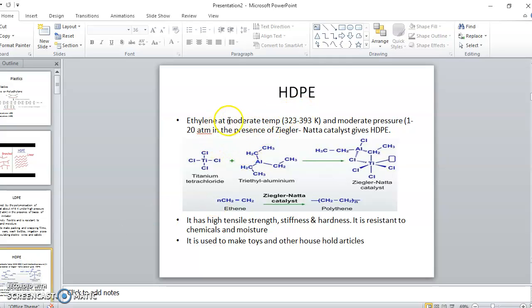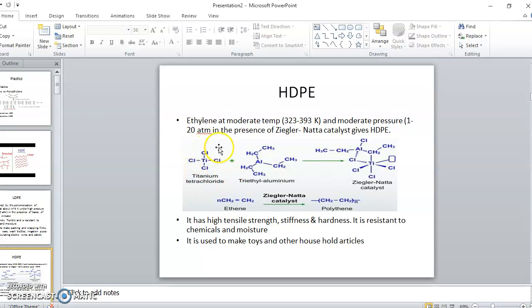HDPE, high density polyethylene: ethylene at a moderate temperature, 323 to 393 Kelvin, and moderate pressure, 1 to 20 atm, in the presence of a catalyst called the Ziegler-Natta catalyst gives HDPE.